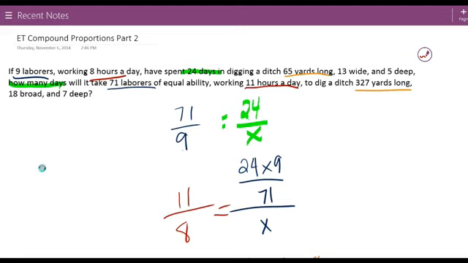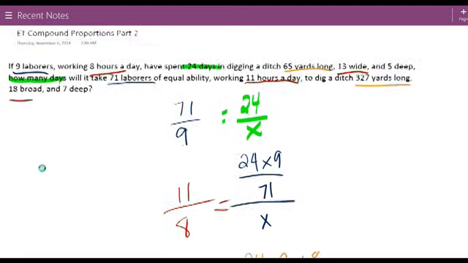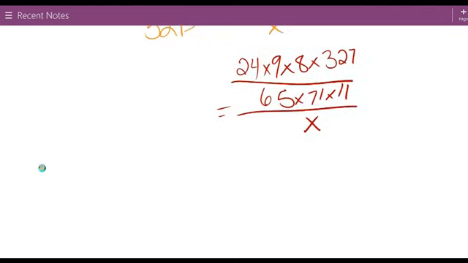Of course, this numerator here could all be combined down into an integer. Okay, so 13 yards wide. 13 yards versus 18 yards. 13 yards is going to take, in general, less time than 18 yards. So 13 is going to go on top. 18 is going to go on bottom. That 18 is going to end up on the top. That 13 is going to end up on the bottom.